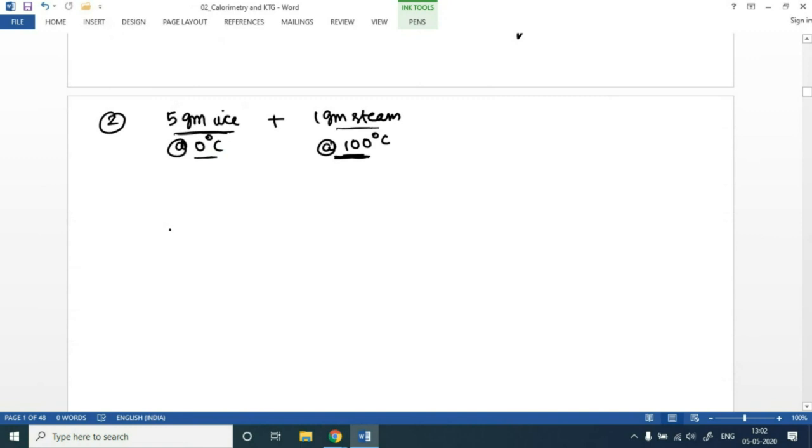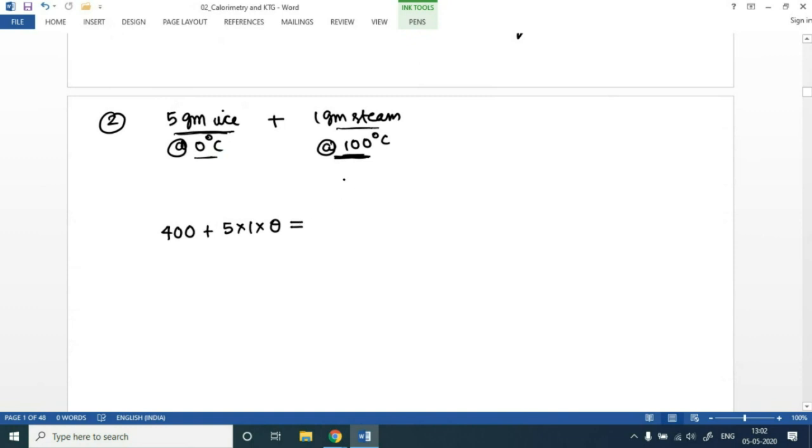So heat gained would be nothing but 400 calorie for the melting, plus, let's say the equilibrium temperature is theta, so 5 gram water, so 5 into 1, and its temperature change will be from 0 to theta, and that will be equal to heat lost.